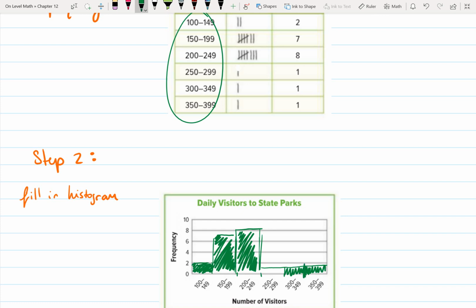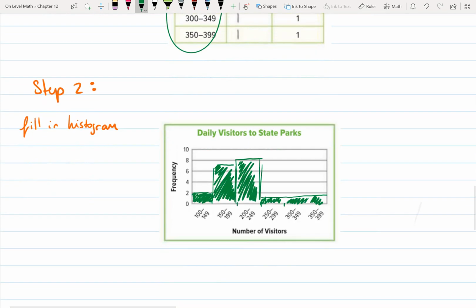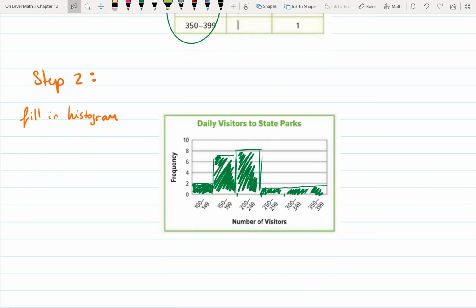So really, if I had a pencil, I would separate these so you could see that they're different bars. But that's all you need to do. So that's making a histogram.